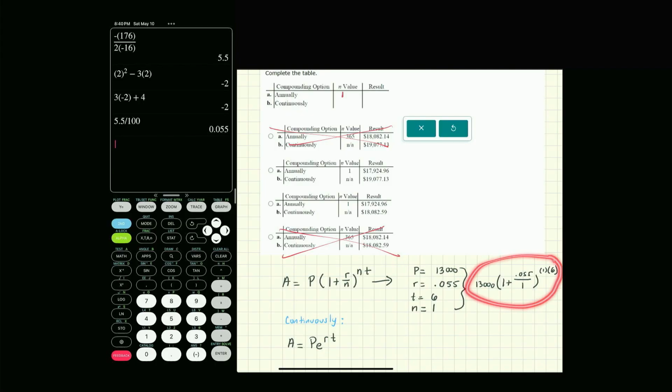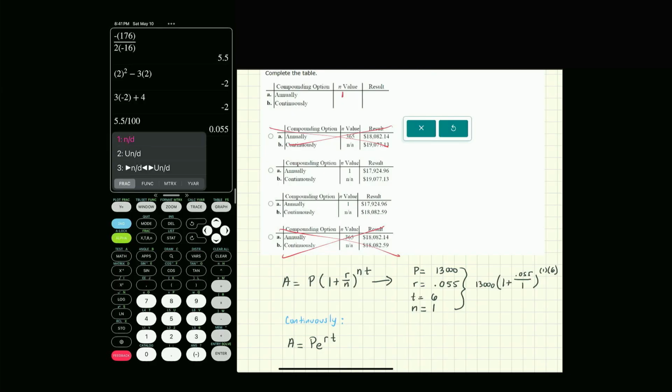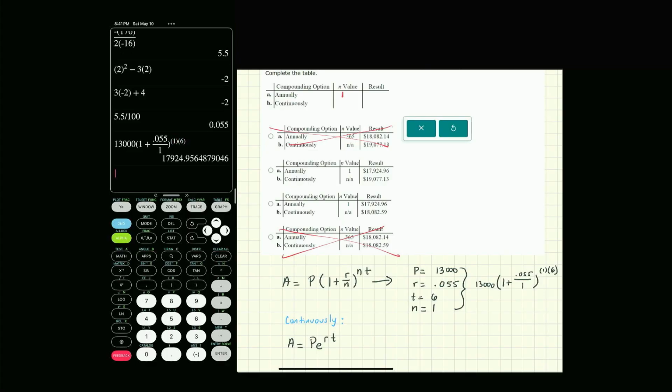We just type it in just the way it looks. So 13,000 times (1 plus 0.055 over 1), raised to a power of 1 times 6. And that's 17,924.96 if we round it.